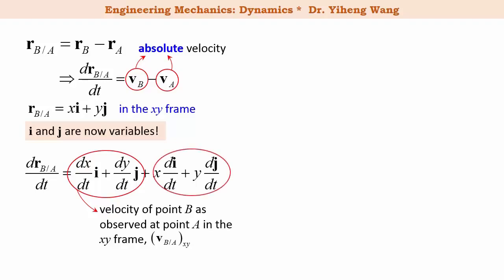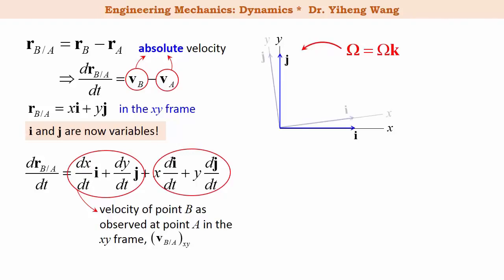But what about this part? You probably have seen similar approaches before. Let's say this is the rotating frame with angular velocity omega. Don't forget, this omega is a vector with unit vector k that is perpendicular to this xy plane. After some time dt, this is its current orientation. This is the change in unit vector i, di.